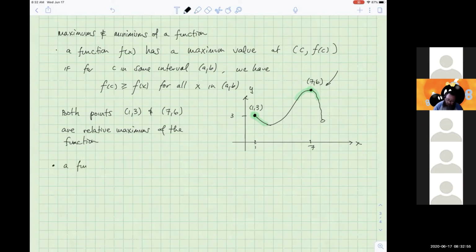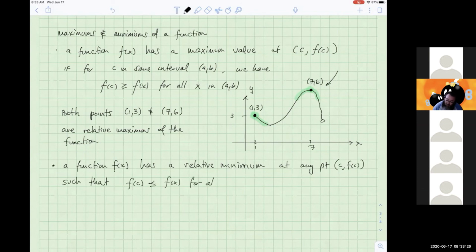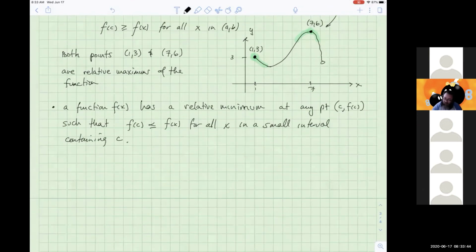Similarly, a function f of x has a relative minimum at any point c, f of c, such that f of c is less than or equal to f of x for all x in a small interval containing c. So here what we have, and I'll just use the same picture.